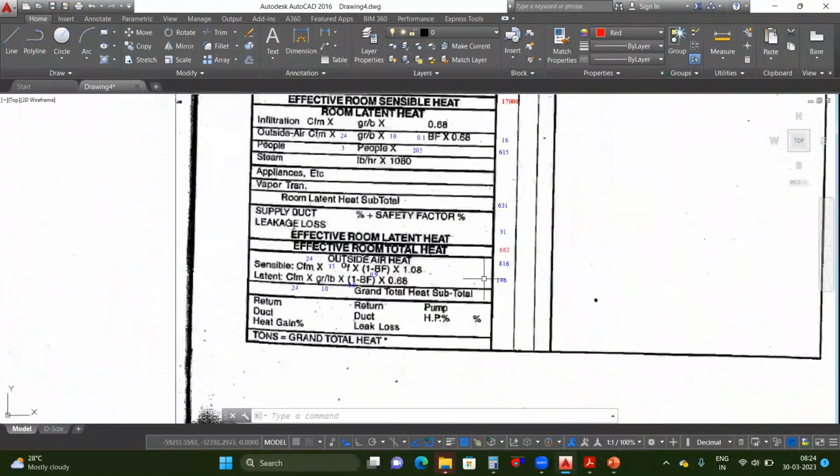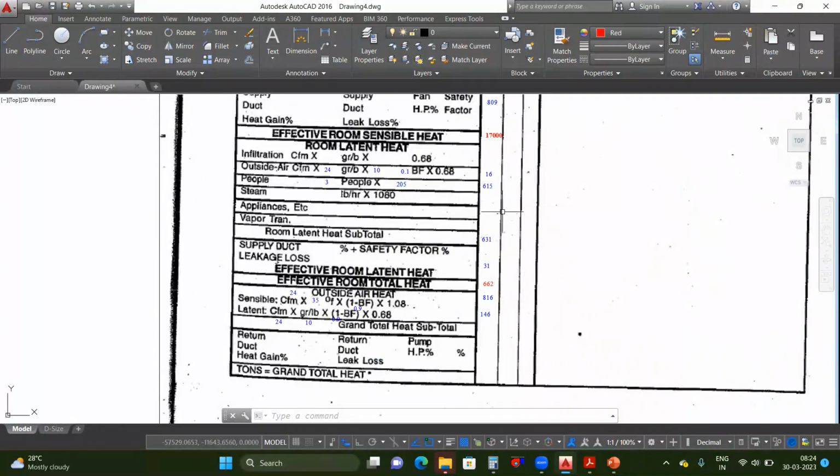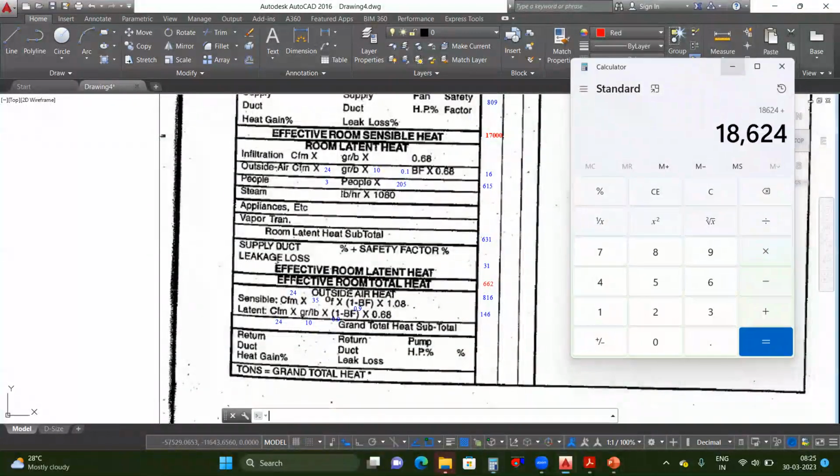We need to add all the heats here: the effective room sensible heat, latent heat, and these two outside air loads. 17,000 is our sensible heat, plus 662 is our latent heat, plus the two values of outside air heat, 816 plus 146. This is 18,624.